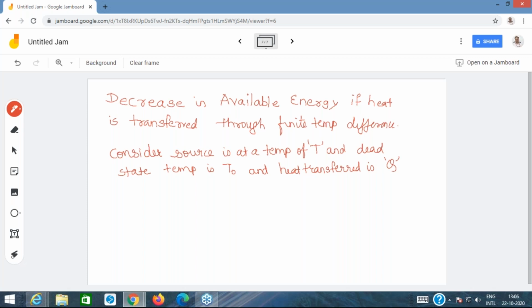So we are to figure out what would happen to the exergy of this, when the heat is being transferred through a finite temperature.